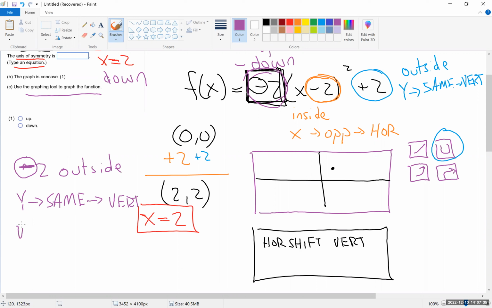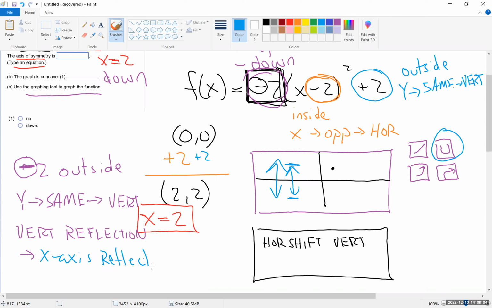It is a vertical reflection. If you're thinking about a vertical reflection, it takes the stuff that's above and puts it below, which is actually a movement over the x-axis. So this is an x-axis reflection.